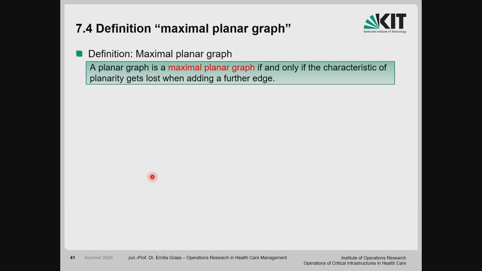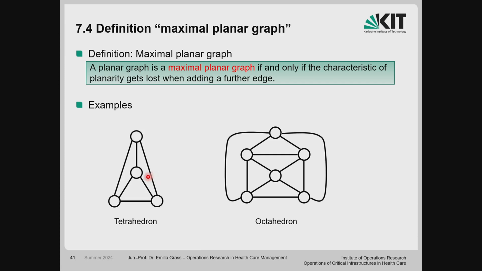So what is a maximum planar graph? It's simple: a planar graph is maximal if and only if the property of planarity gets lost when adding a further edge. What does it mean? You have these nodes that are connected.